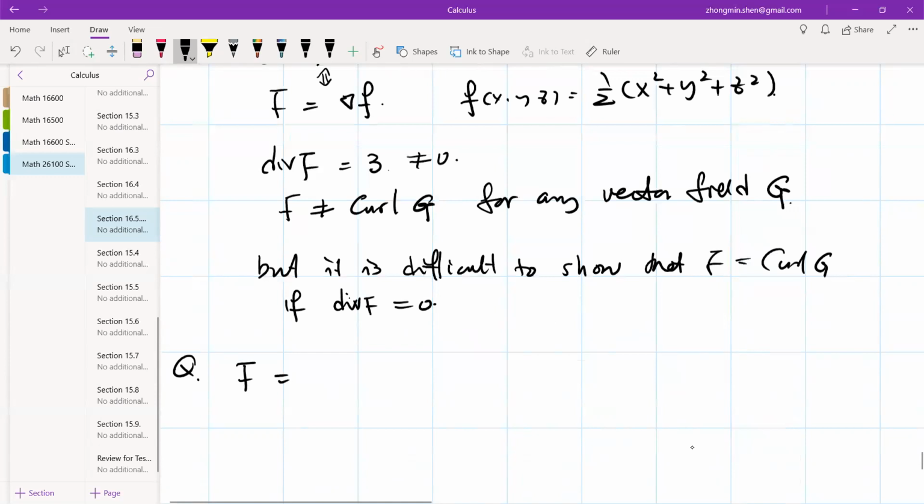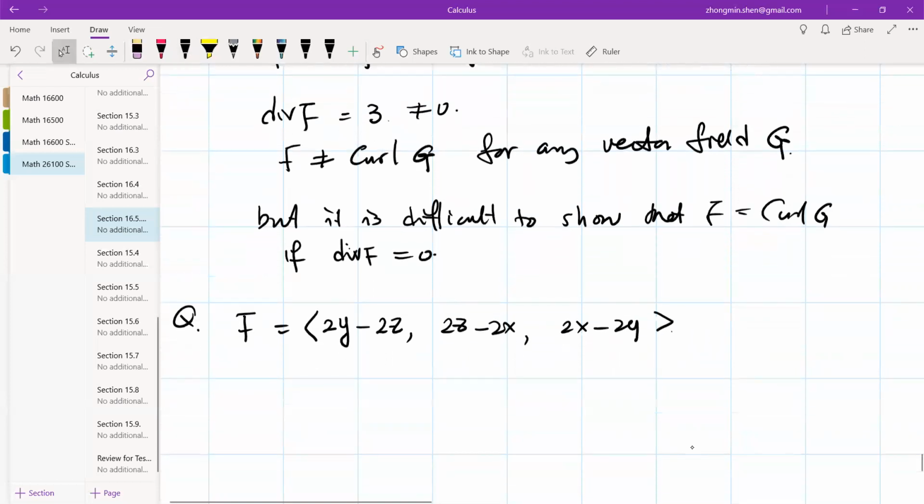F is going to be: the first term is 2y minus 2z. The second term is 2z minus 2x. The last term is 2x minus 2y. Okay, so it's a kind of symmetry type.